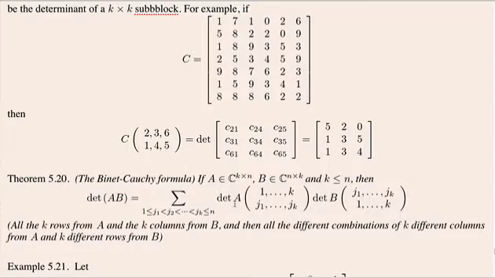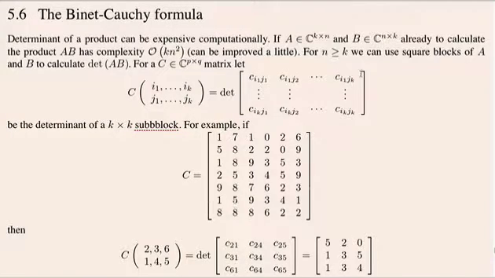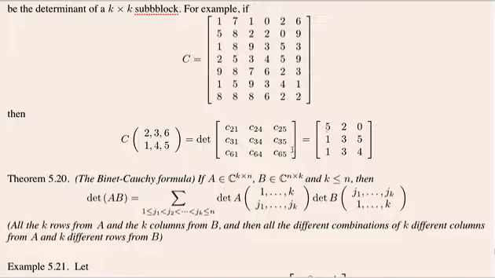In fact, A is supposed to have only k rows and B is supposed to have k columns. So what we are doing is we are just choosing all the rows of A, and then the different possibilities for the k columns from all the columns. And similarly, we choose all the columns of B, and we choose just k different rows from B.